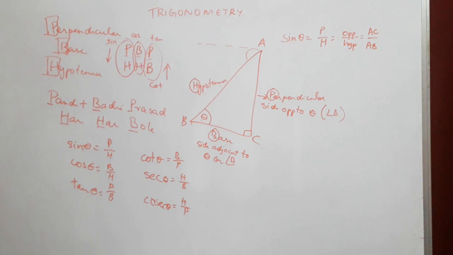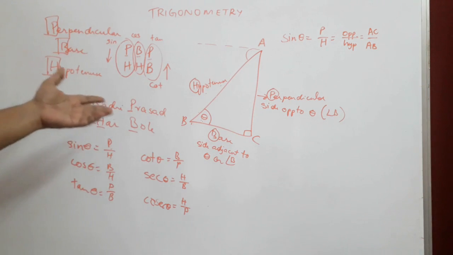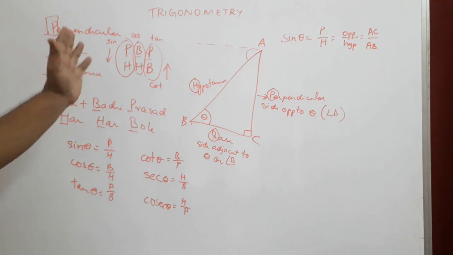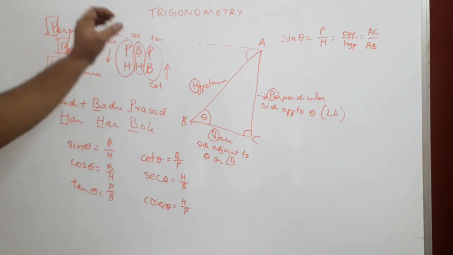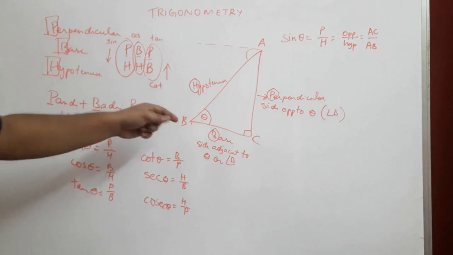When we are given sin theta, a particular angle, and we want to find its sine, we are referring to two sides. Which are those two sides?